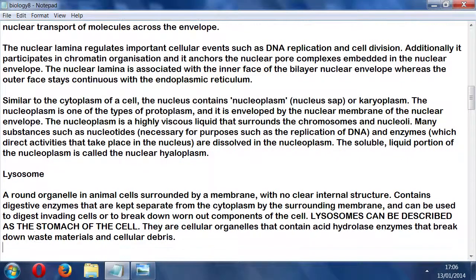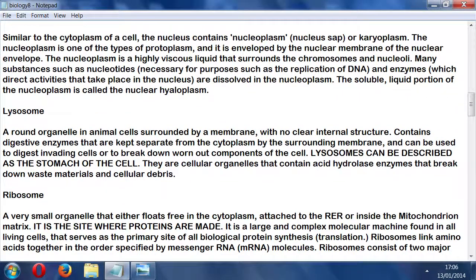So the lysosome. A lysosome is a round organelle in animal cells surrounded by a membrane with no clear internal structure. It contains digestive enzymes that are kept separate from the cytoplasm by the surrounding membrane and can be used to digest invading cells or to break down worn-out components of the cell.